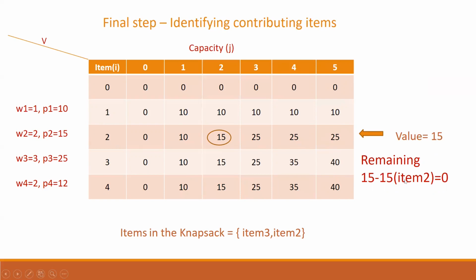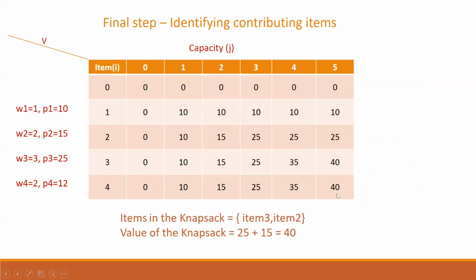So the remaining value is 15 minus the item 2 value 15, which is 0. That indicates only these two items, item 2 and item 3, are contributing the value 40. So the items in the knapsack are item 2 and item 3. You can check that the profit is 40 by adding the values of item 3 and item 2, which is 15 plus 25, 40.